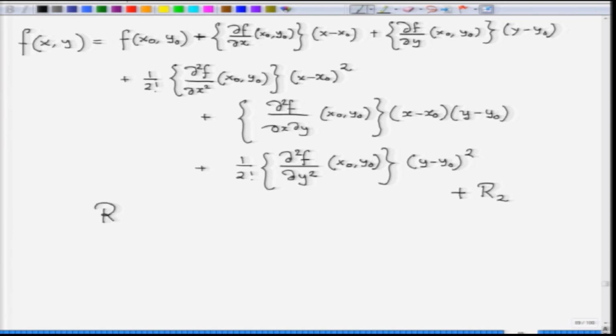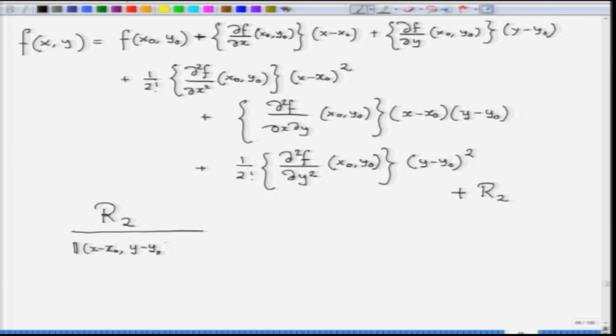R2 divided by the norm of x minus x naught, y minus y naught whole square.